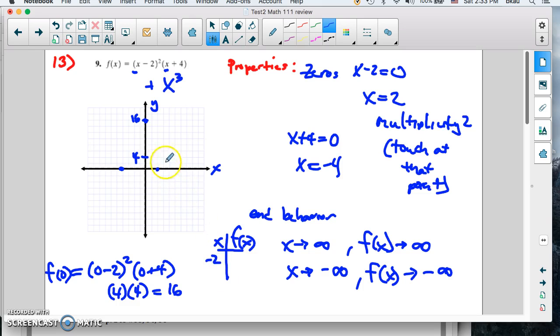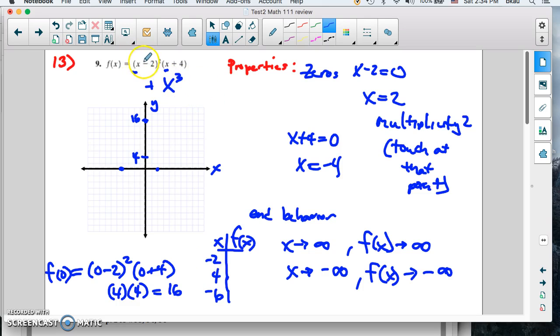Figure out what that is, and we're going to go at 4. Figure out what that is. And then we're also going to go at negative 6, since this is negative 4. So a few extra points to see what it looks like. I know that it goes up through here, comes back down, and bounces off that curve and then goes back up. So let's just try a few points in the equation.